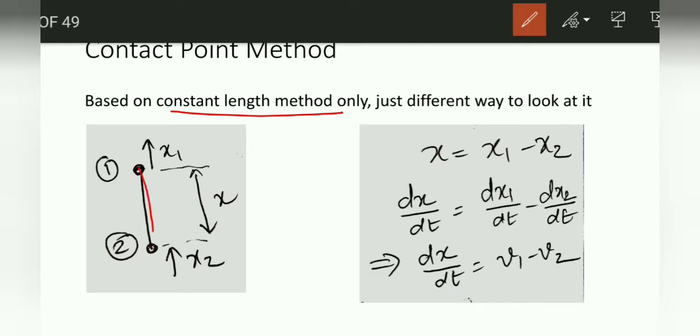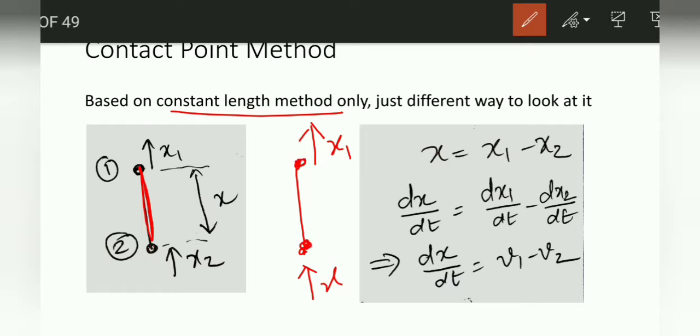Suppose I have a string here. One point of the string is moving with a velocity, say we have 2 points, not a string, 2 points.